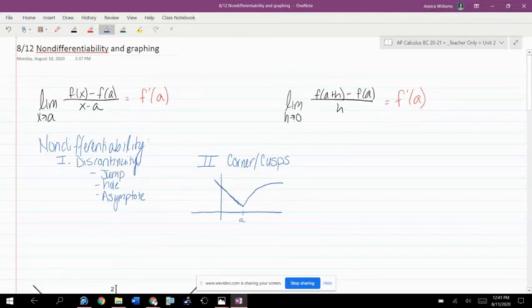I can find these slopes. It's linear, they're probably going to be constant. But these slopes coming from this side are not going to be the same as these slopes coming from this side. So it's not that the limit of the function doesn't exist. It's that the slopes on either side of a are not the same.